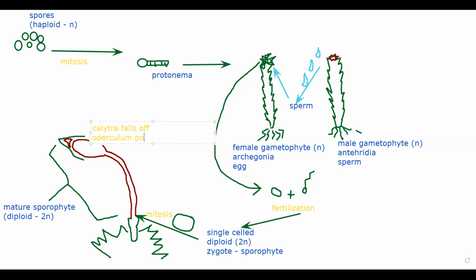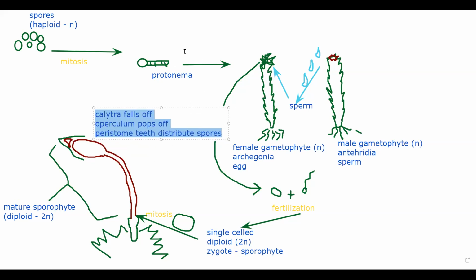The operculum pops off, which is this inner cap, and peristome teeth distribute spores. Spores are distributed in the wind.